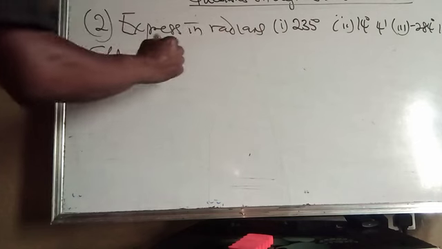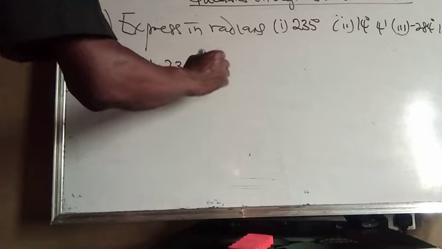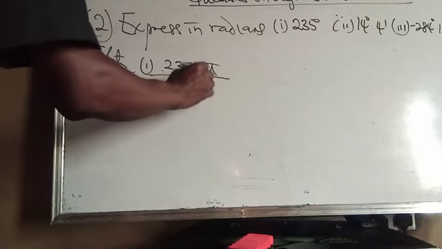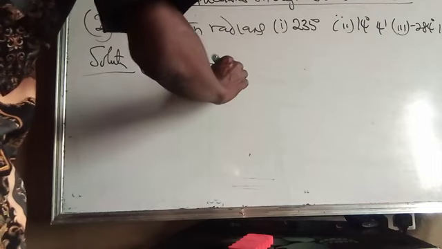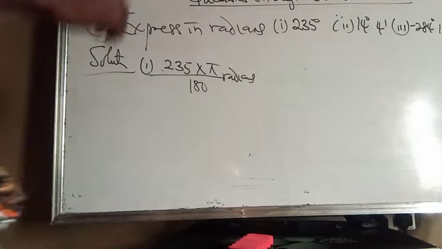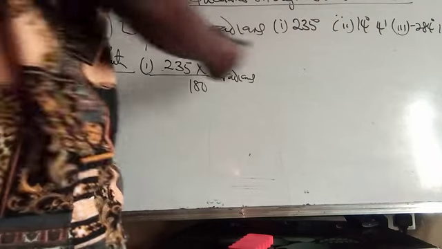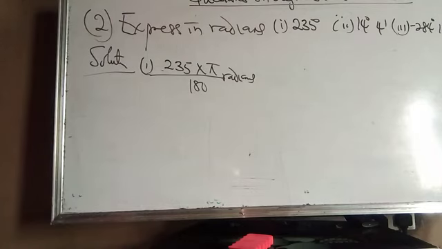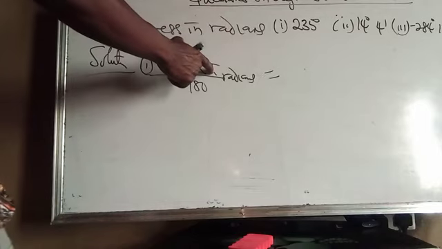So 235 degrees will be 235 times pi all over 180. That is in radians now. We have done this in the previous video. You can fall back on that video and see how we convert from radians to degrees and degrees to radians. So this one will be 235 multiplied by 3.142.